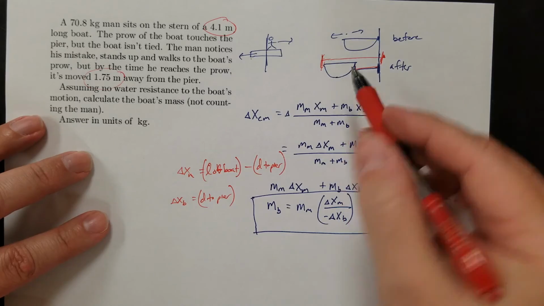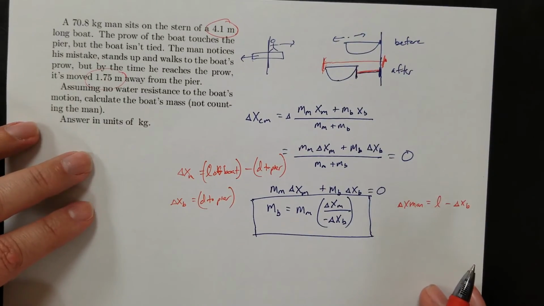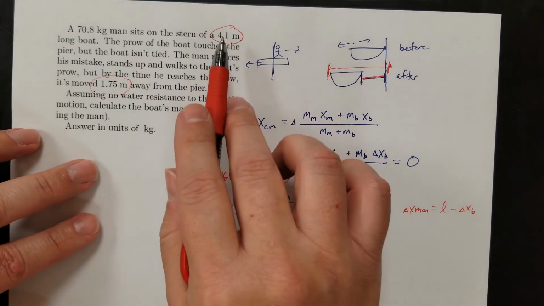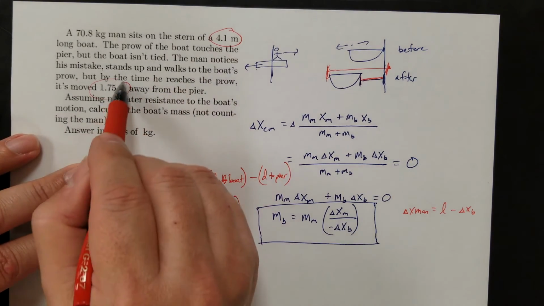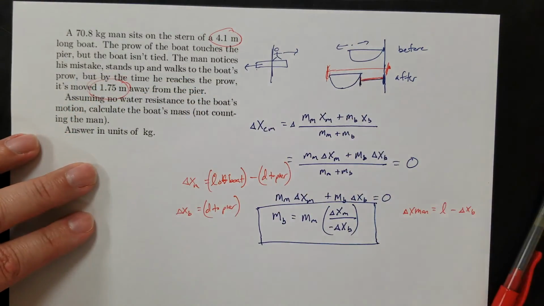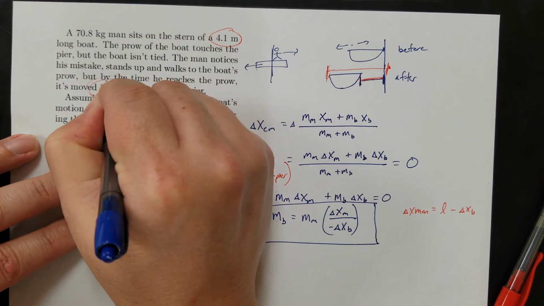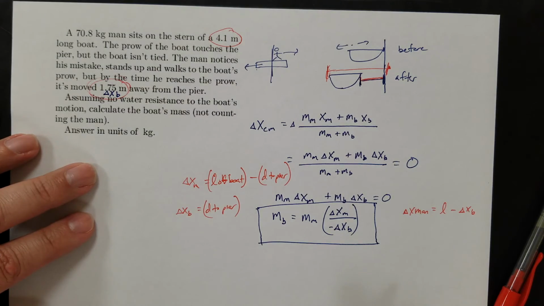And delta x for the boat is just whatever that distance was. So in my problem, 4.1 minus 1.75 goes here. And the distance the boat went was 1.75. That's delta x for the boat. And if I subtract these two, that's delta x for the man.